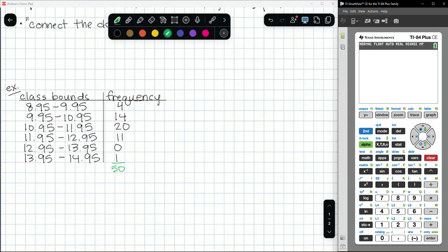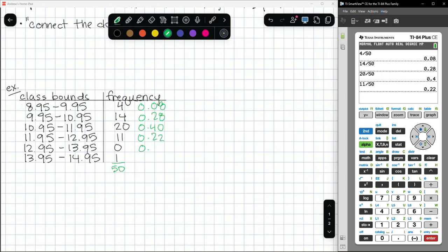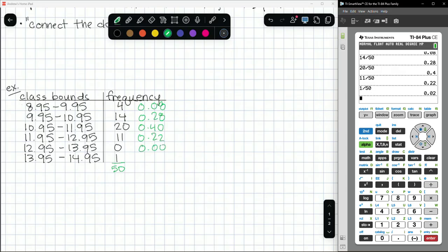So I'm going to take each of those numbers, divide by 50, and leave it as a decimal. So 0.08, 0.28, 0.40, 0.22, 0.00, and 0.02.